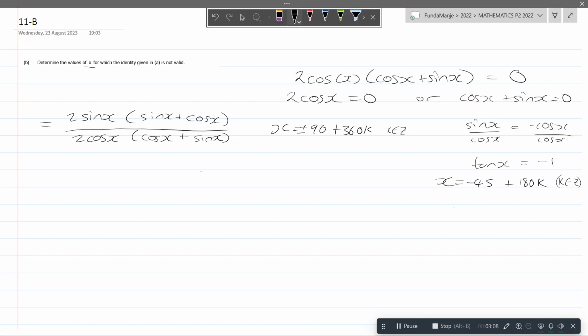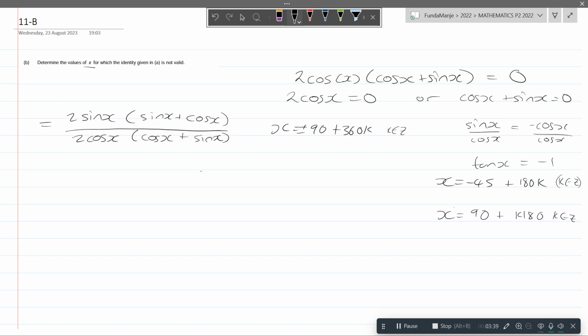But we also know that for the tan part, when tan is 90 degrees, we also have the result being undefined. So it's not only 45 in this case, but also when x is equal to 90 plus 180k, and k is an element of all integers.